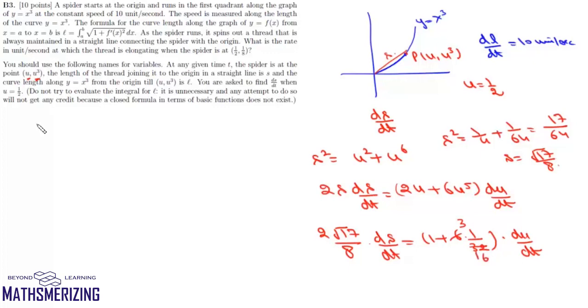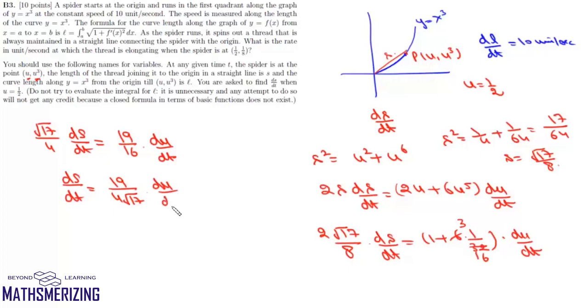So we can write this as under root 17 upon 4 ds by dt, and it will be equal to 19 by 16 du upon dt. Now we'll take everything on the right hand side. We can write ds upon dt as 19 upon 4 under root 17 du by dt.